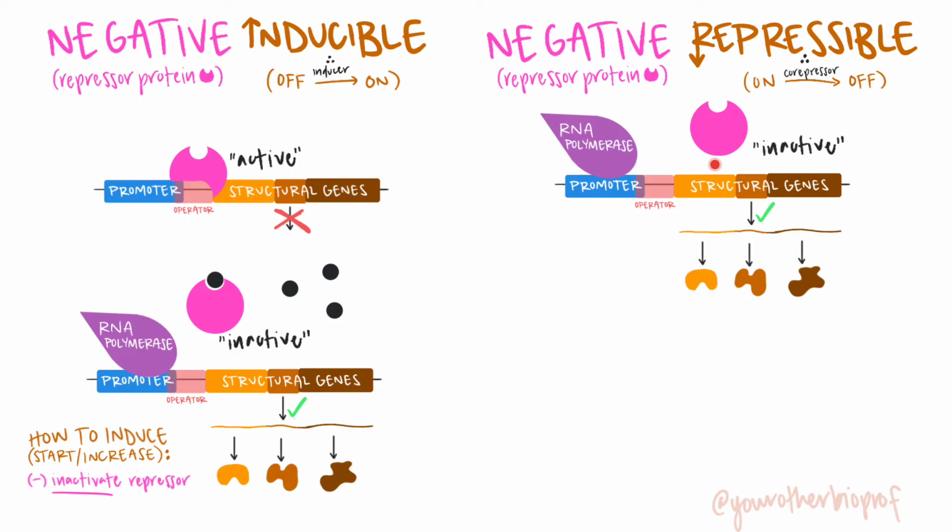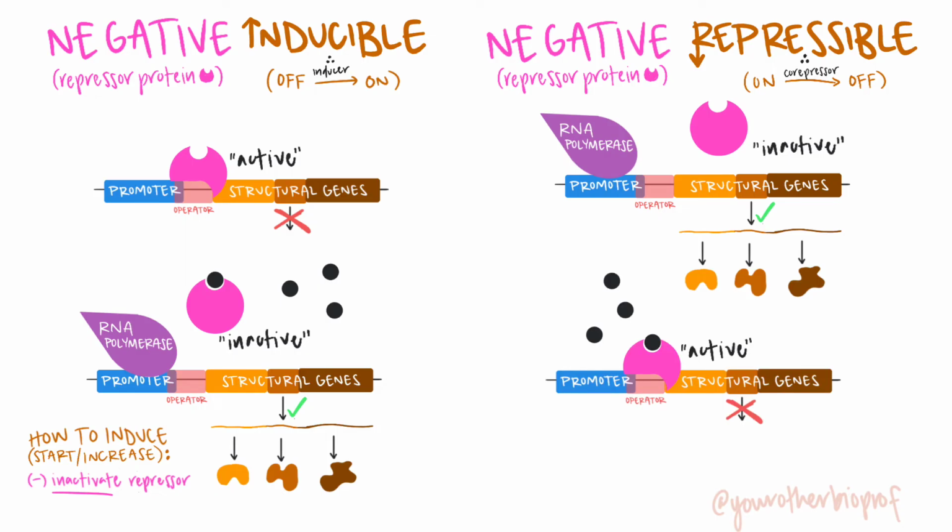It's not bound to the operator, so RNA polymerase has a nice clear path to work with. But sprinkle in some of that co-repressor, and it's going to bind to the repressor protein, changing it to an active shape that's able to bind the operator and block RNA polymerase. So now transcription is off. The tryptophan operon, or trp operon, is a negative repressible operon that you may run into.